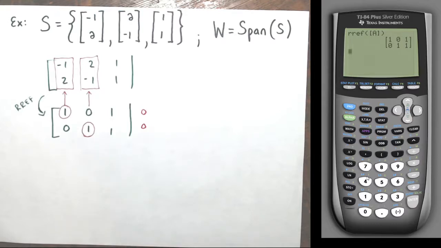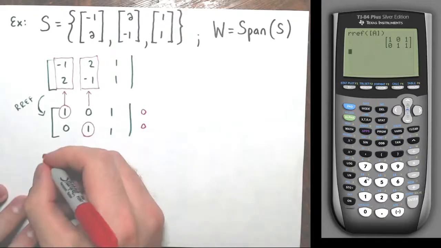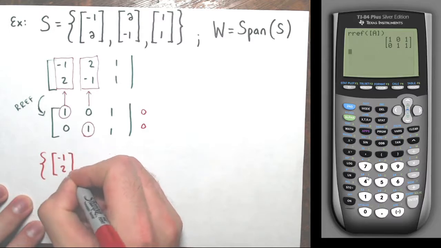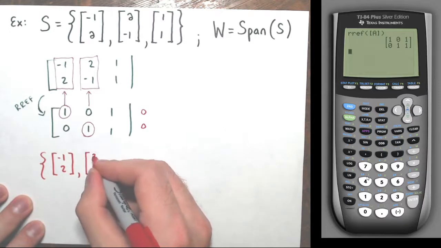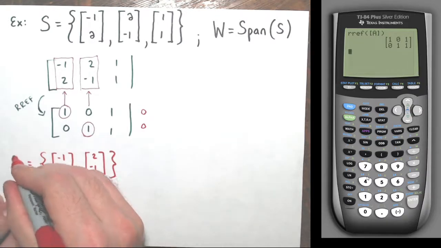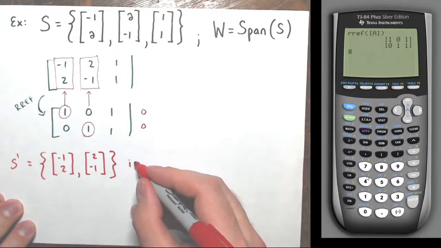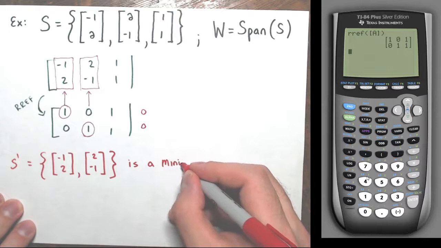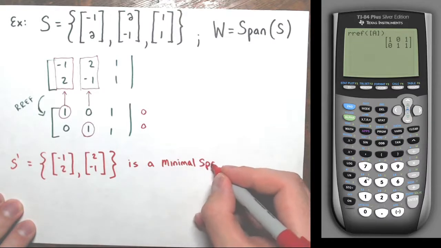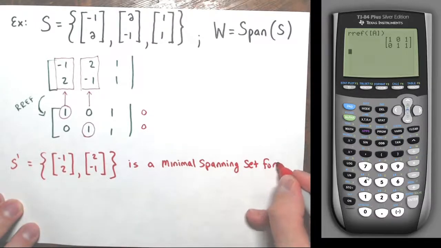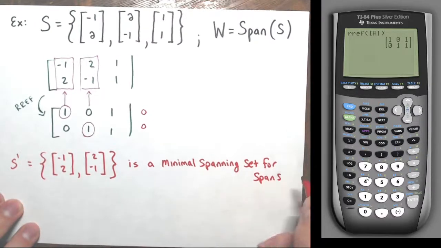Right. So I can jump now to saying that this set here, the set with -1, 2, and the vector 2, -1, this set of vectors, again I'll call this S prime, is a minimal spanning set for the span of S, right, for W. Great.